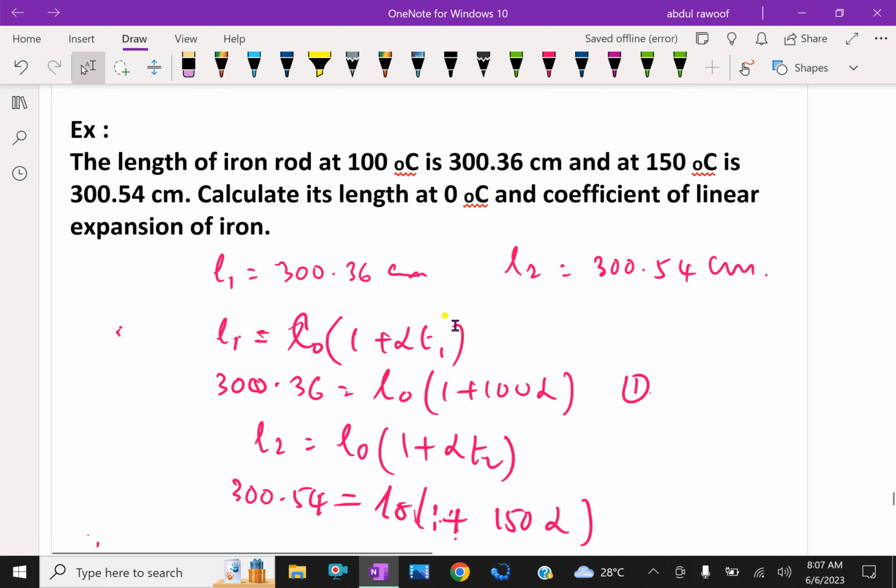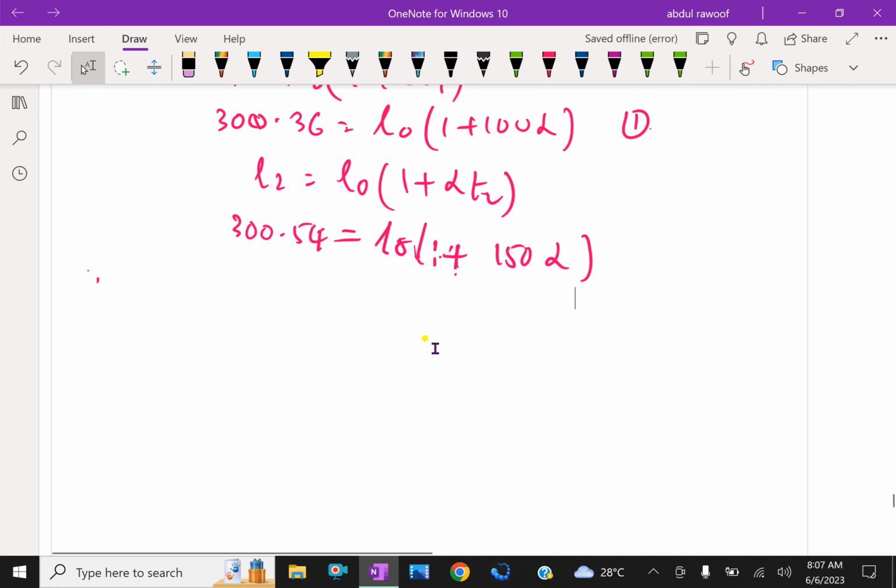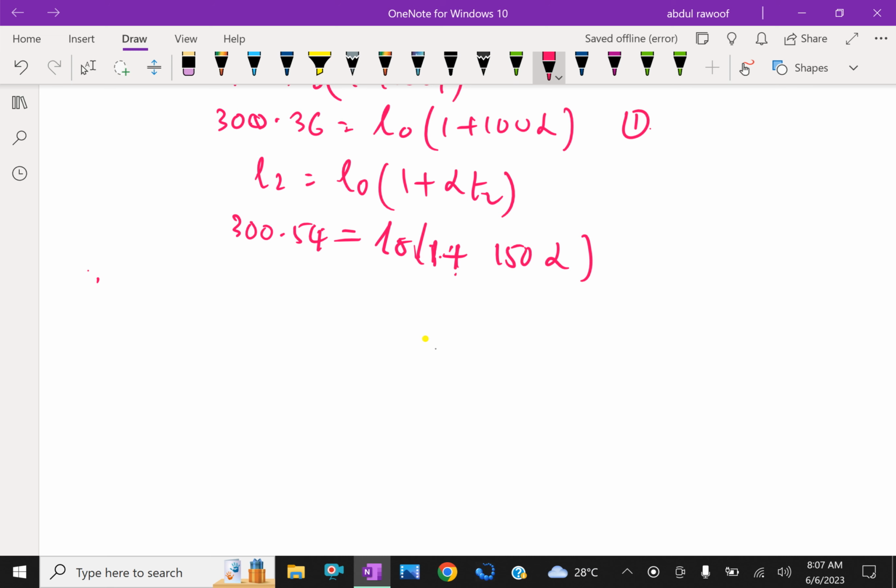Here T2 is 150 degrees Celsius. That is, here we have equation 2.